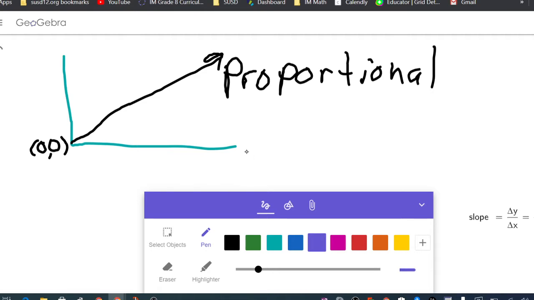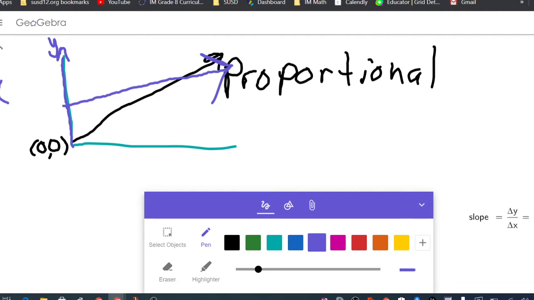Now we're going to learn another type of linear relationship where the line does not start at (0, 0). The shape of the line is still a straight line, but where it intercepts the y-axis is not at 0. So at this point here, maybe y equals 4.